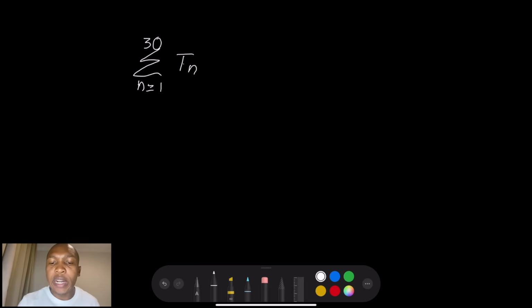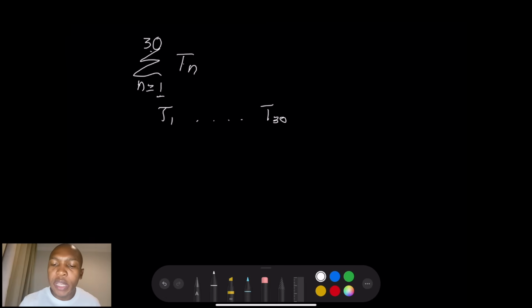The general expression gives you the terms in the series, okay? In this particular case, our counter starts from 1 up until 30, so it means that you'd have term 1 up until term 30.